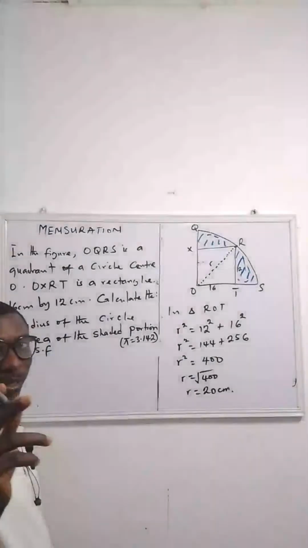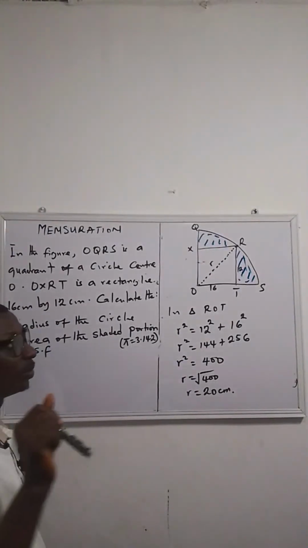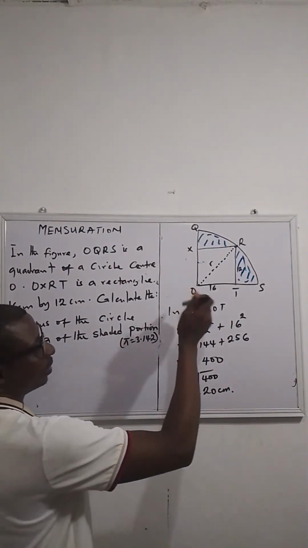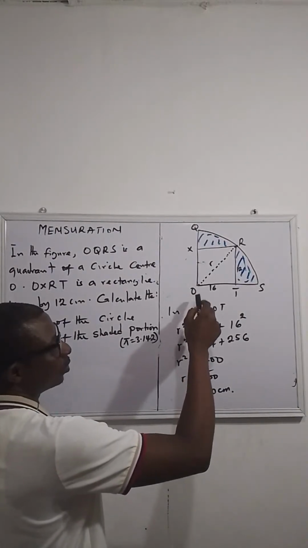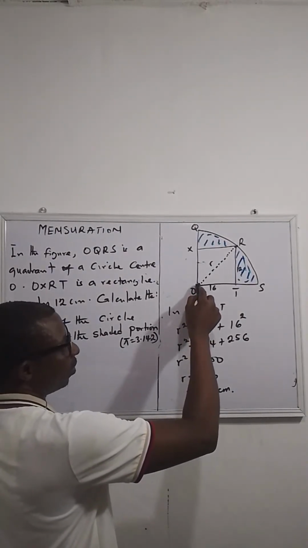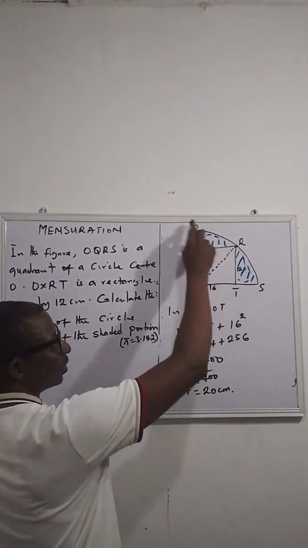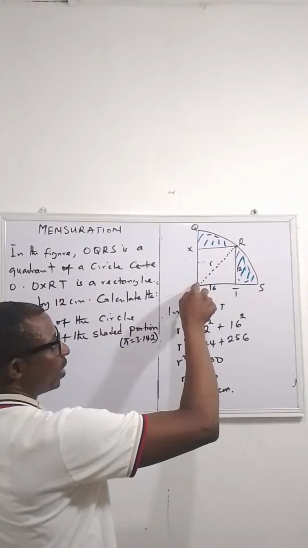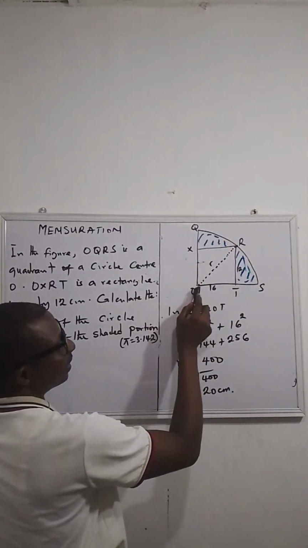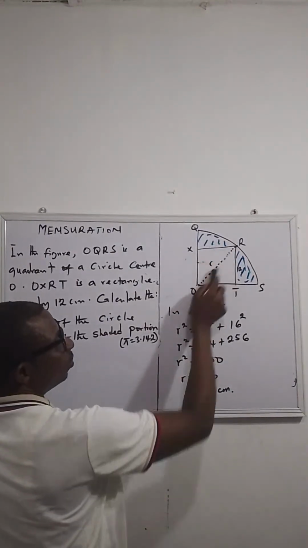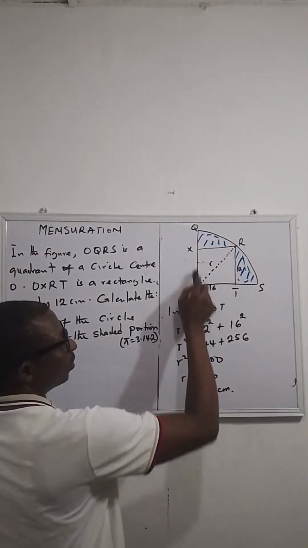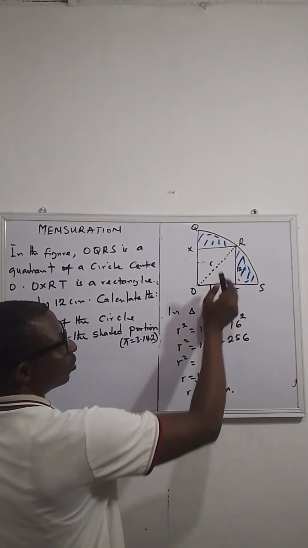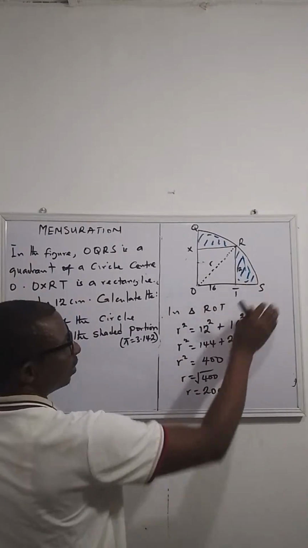Now let me come again because of the person that said no. Now look at it. The radius is the shortest distance between the center of the circle and any part of the circumference. This is a fraction of the circumference of the circle. So from here to here is the radius. So now this line divides this rectangle into two parts. So I brought out a fraction.